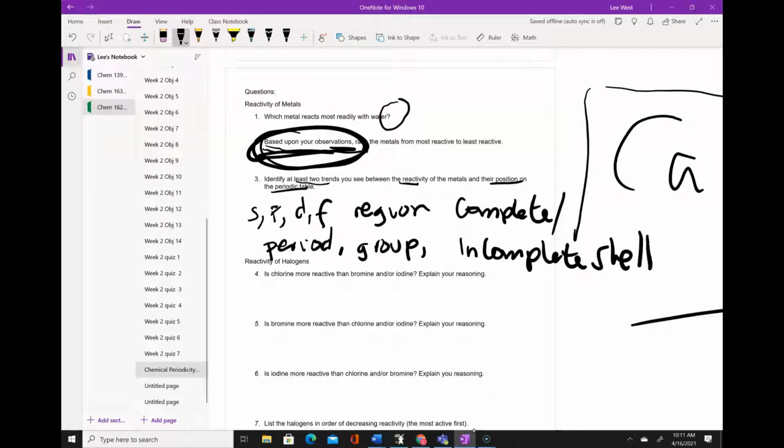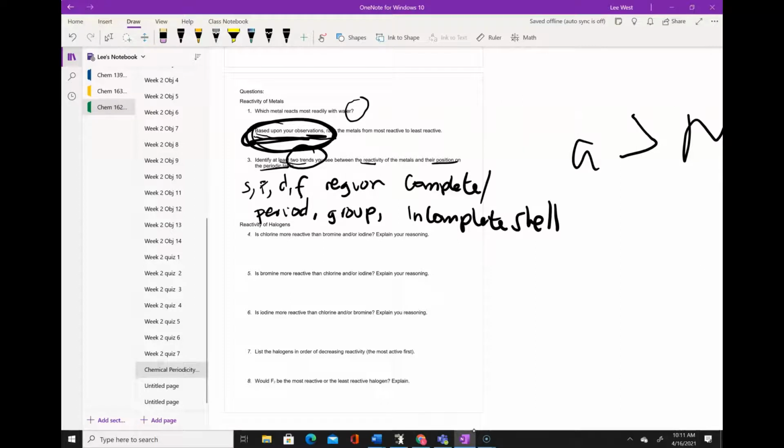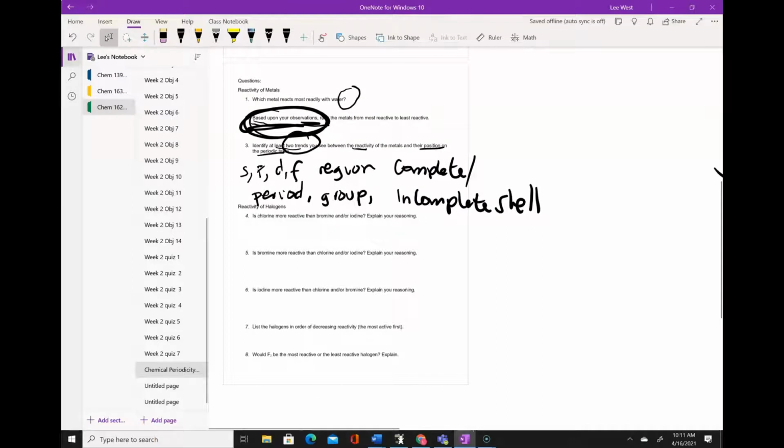Stuff like that, right? And you have to pick 2 of those, okay? And they have to be solid trends, right? So it doesn't really matter. And if you can relate it to things like ionization energy and atomic radii and stuff like that, if you want to, all right? But 2 trends that we see between reactivity and some quality of where they are on the periodic table.